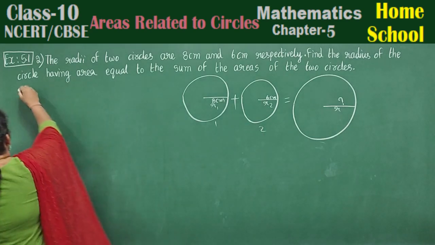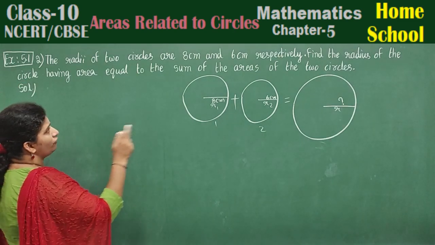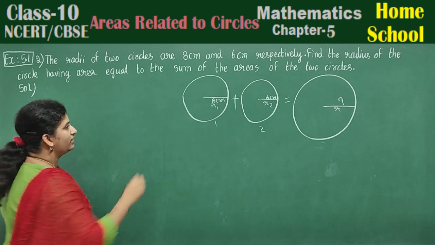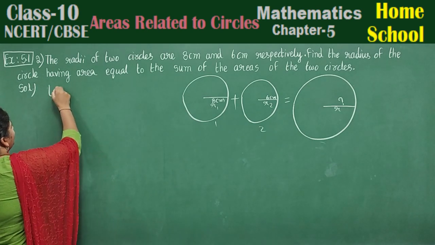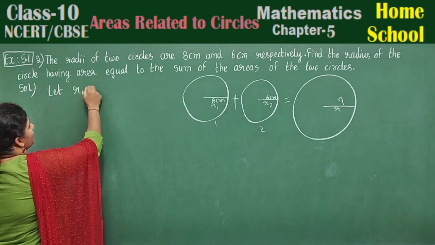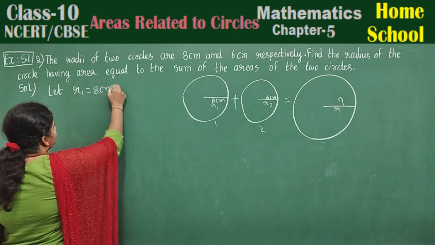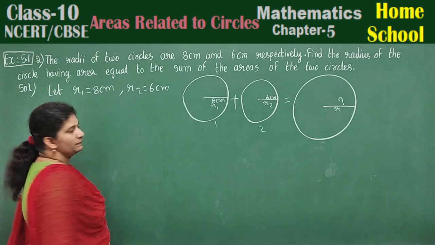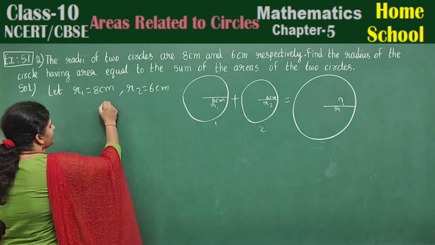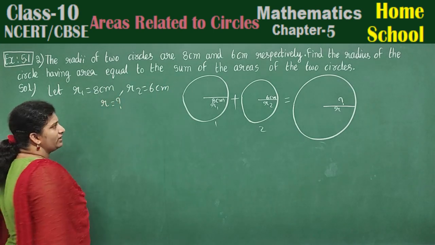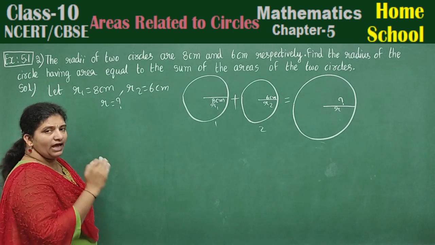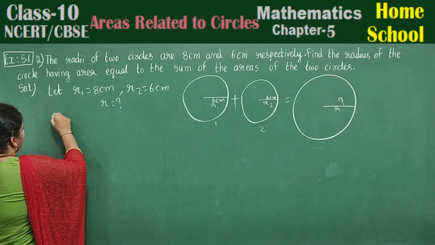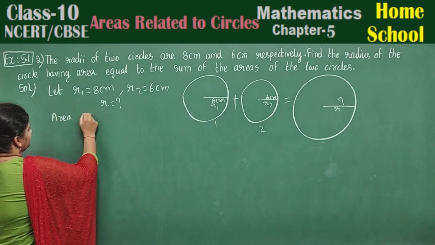Let's start the solution. Given the radii of two circles, first circle and second circle, let R1 is equal to 8 centimeters and R2 is equal to 6 centimeters. And the new circle radius R is equal to question mark. We need to calculate that. We are talking about the area of a circle. What is the formula for the area of a circle?